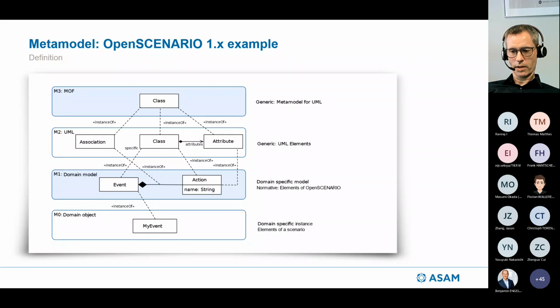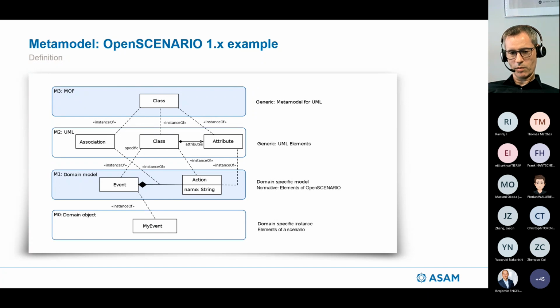And this is generic, and the model layer 0 and 1 is domain specific, which makes us able in our standard to rely on a generic model like the UML, and the model above UML, which is called the MOF, which makes us able to have some kind of relations between the models, which means that the domain model is a meta model of the domain object.